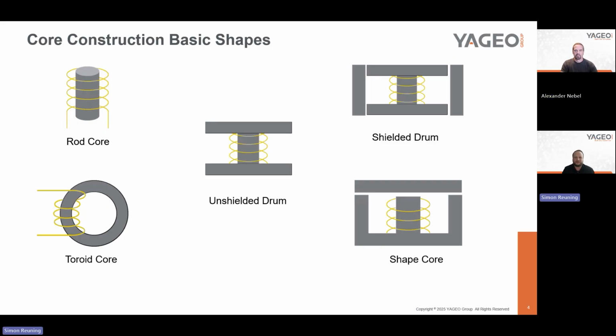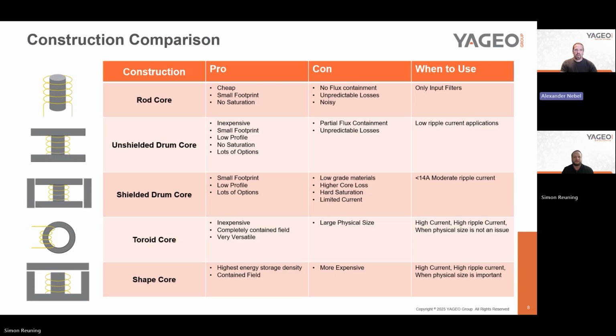You already dived into a little bit of what the benefits are of each of those core shapes, but can you tell us how we can easily identify which core goes with which application, and where we can use which core shape the best? Yeah, for sure. If you take the rod core, the first one, this is ideal for input filters, for example, as we have seen on the first screen. The unshielded drum core is good for low ripple current applications.